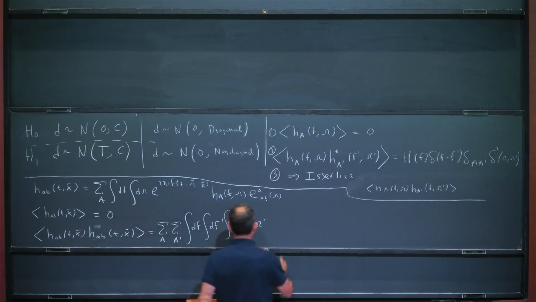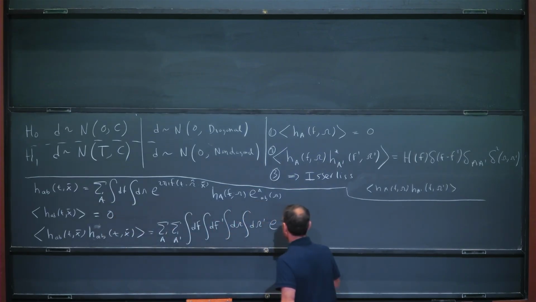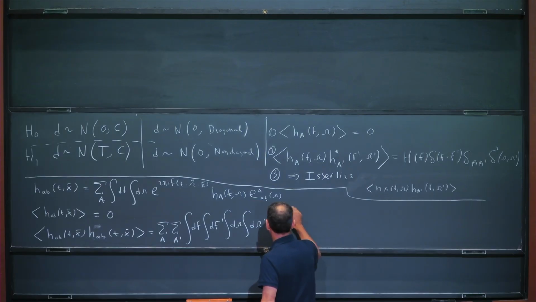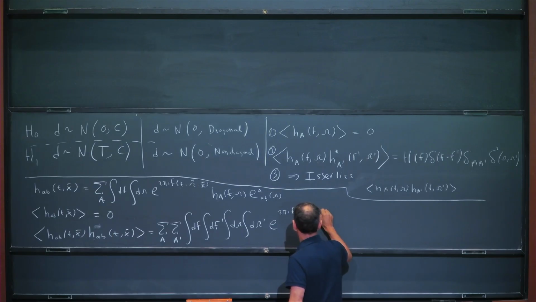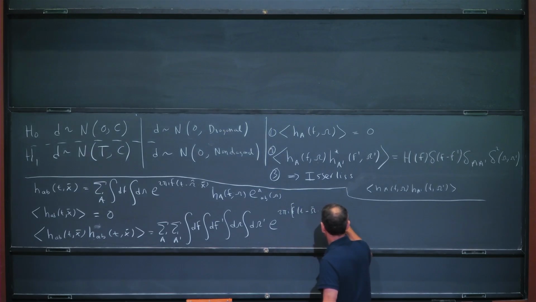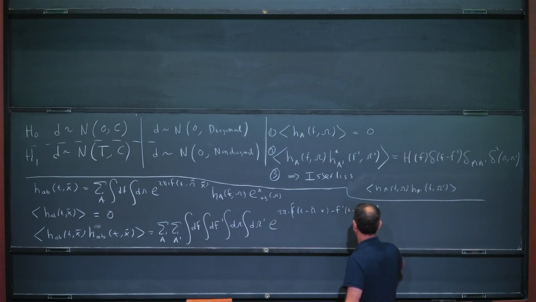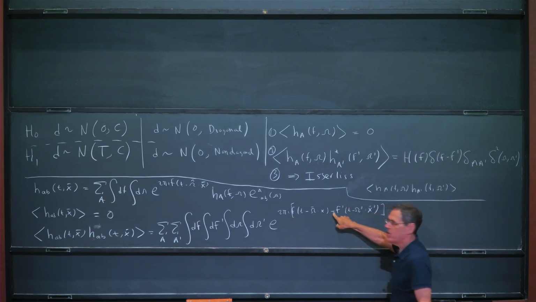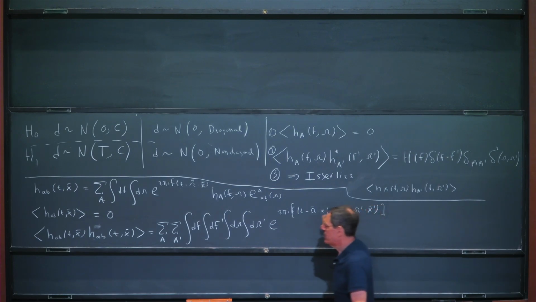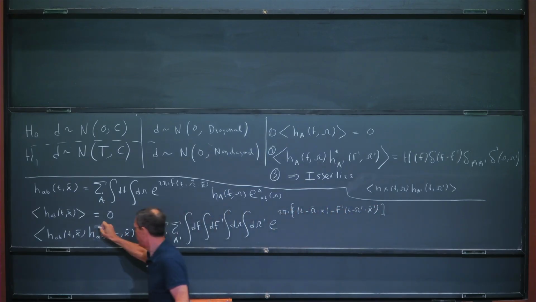Then there's going to be an exponential, 2 pi i times f t minus omega dot x, and then a minus f prime t minus omega prime dot x prime. Remember, that change of sign here is because I put a complex conjugate on that second one, since it doesn't change anything.